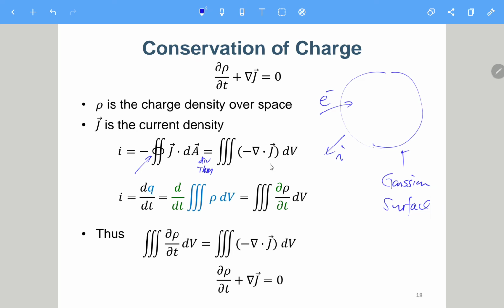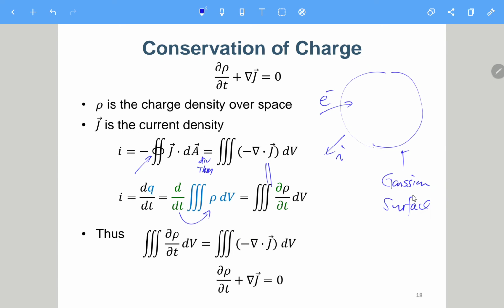So we have I as this triple integral, and also I equals dQ/dt. Similarly, Q can be written as a triple integral of the charge density. Then we put the derivative inside, so it becomes a triple integral of the partial derivative of the charge density with respect to time. So this is I, and these two are equal to each other.